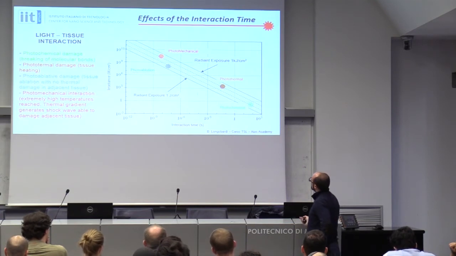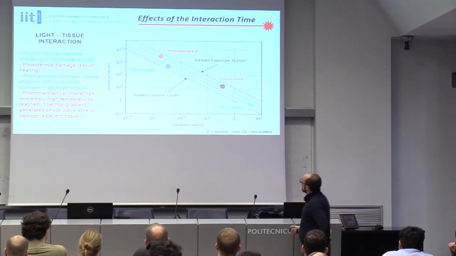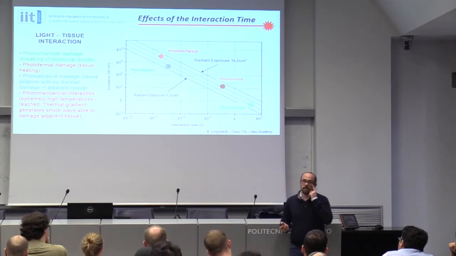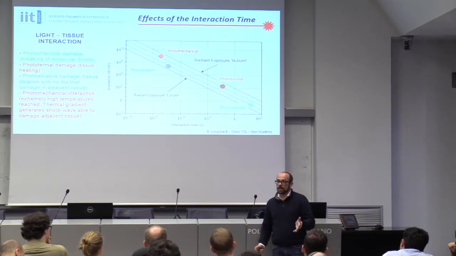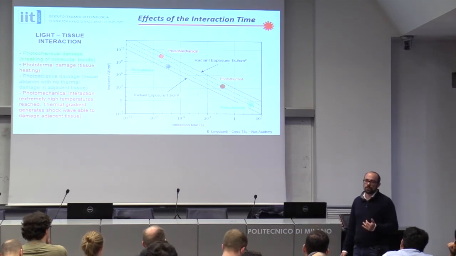Photoablation, so you reduce the interaction time and you increase slightly the irradiance, is used, for example, in the PRK and LASIK surgery, so to restore better vision.